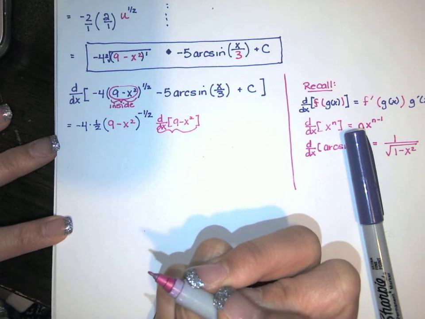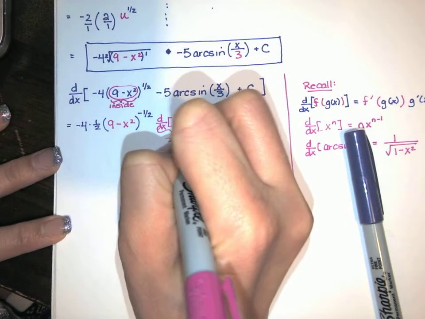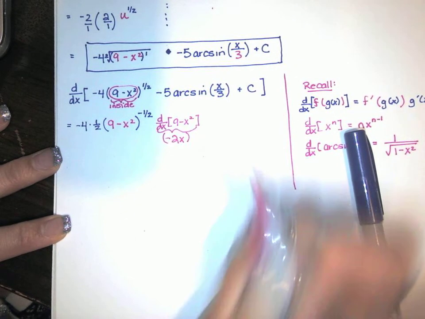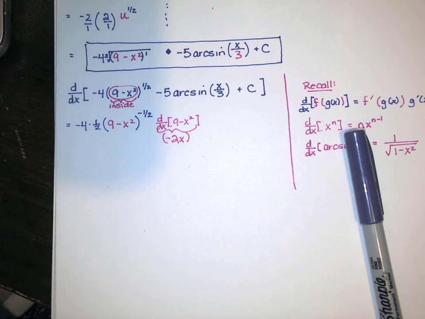And the derivative of 9 minus x squared is just negative 2x. So you can leave that on that line, or you can just work it out later, that's fine. So that's the derivative of the first term.